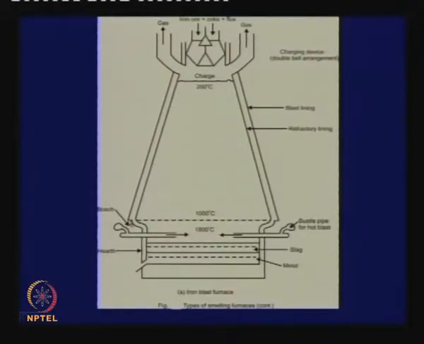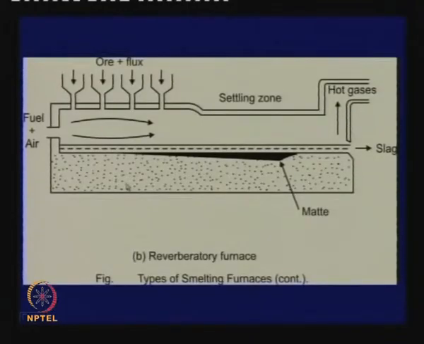Then we have talked about smelting, blast furnace smelting, as is applied for iron making. This can be applied for lead. We have talked about the reverberatory furnace, where reactions occur over a long time. We can produce matte, which is a mixture of sulfides, and slags.